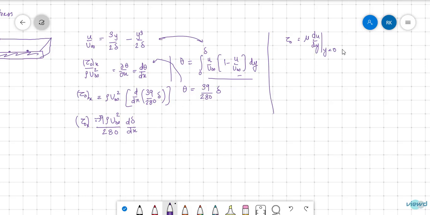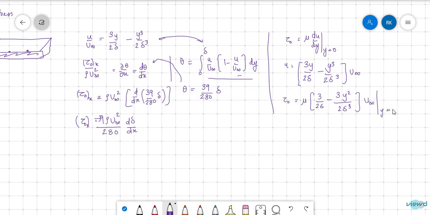If you substitute u is equal to 3y by 2 delta minus y cube by 2 delta cube, multiplied by u infinity, and differentiate with respect to y, we get 3 by 2 delta minus 3y square by 2 delta cube, into u infinity, where at y is equal to 0.